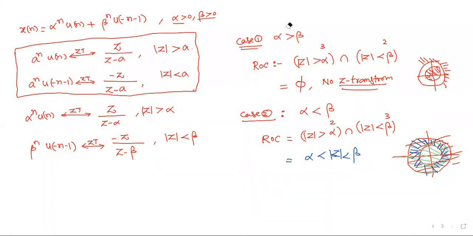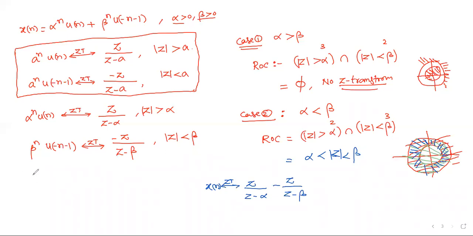If the ROC exists, the Z transform of x of n will become Z by Z minus alpha minus Z by Z minus beta, because there is a ROC here. So this is the resultant Z transform. If there is no ROC, directly you can write that the Z transform doesn't exist for the given ROC.